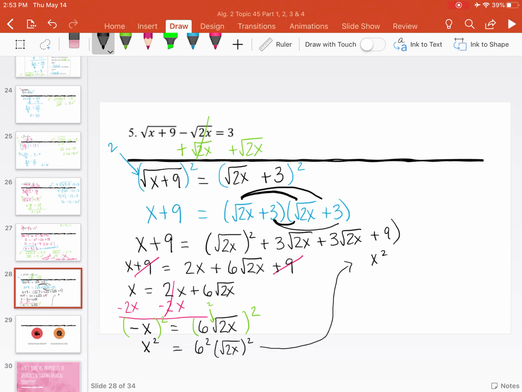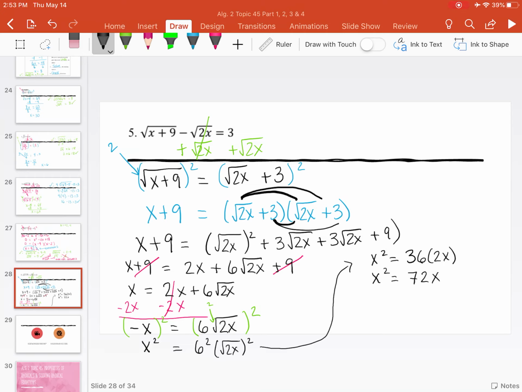This will leave me with x squared equals 6 squared is 36 times 2x. So x squared equals 72x.